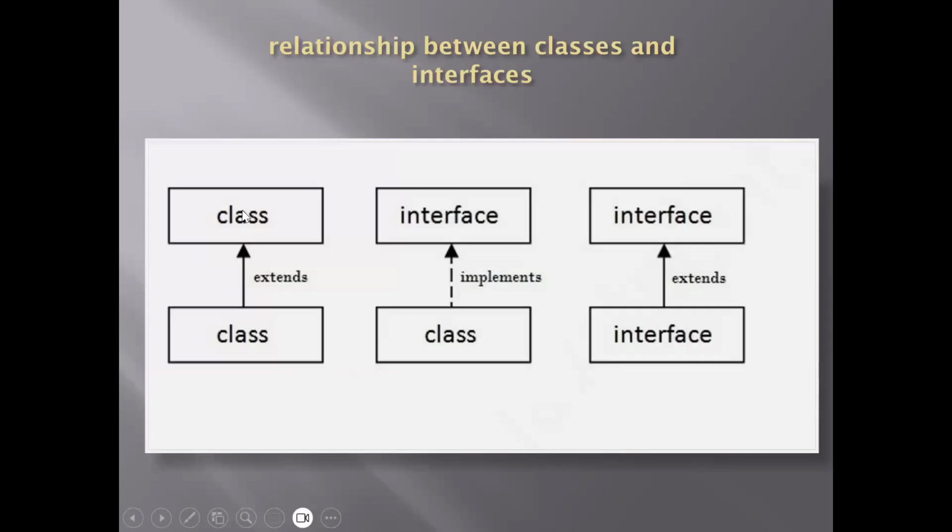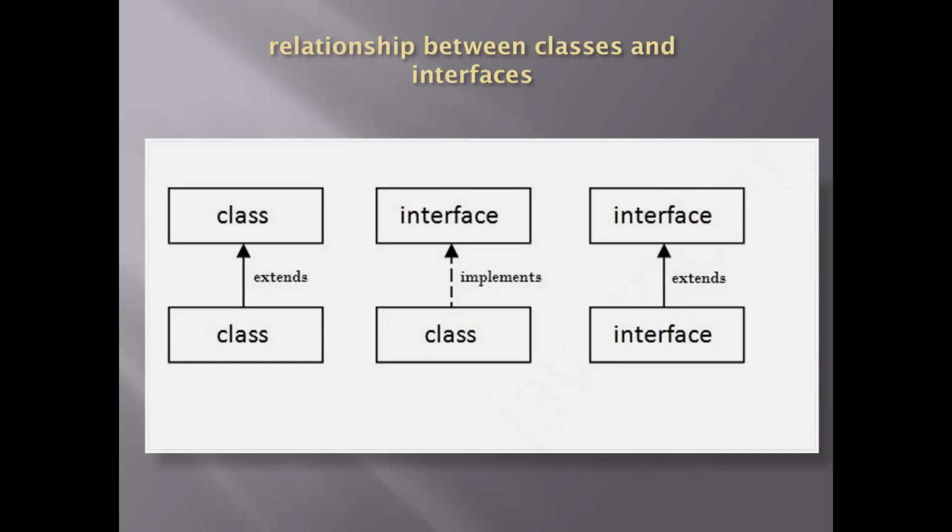So this one is the relationship between classes. The one on the right side is inheritance between interfaces. The one in between is the relationship between the class and the interface. As I told you, a class could implement an interface. I cannot say class A extends interface B. This cannot happen.